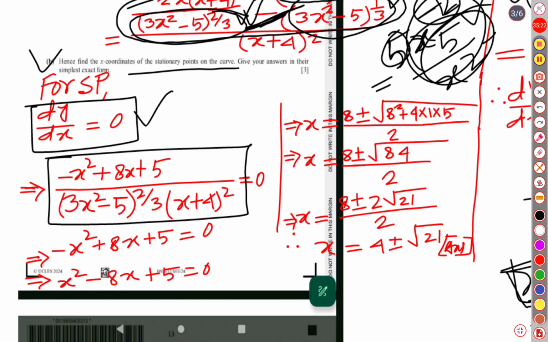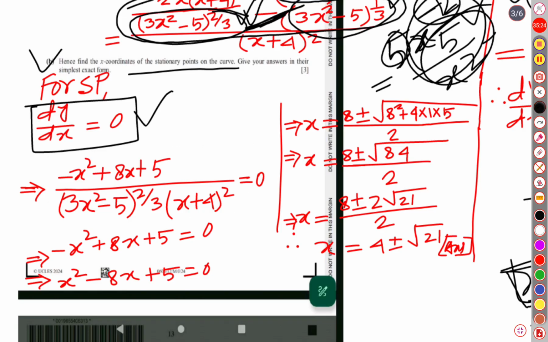After this, what will happen if we do cross multiplication? Under this 0 there is 1, so 1 multiplies the numerator and the denominator multiplies by 0. So by 1, the numerator will be negative x squared plus 8x plus 5 equal to 0, because any quantity multiplied by 0 is 0, so the right side is 0.